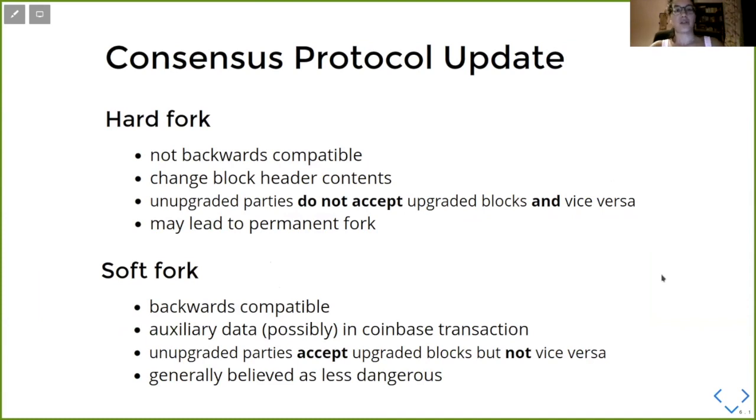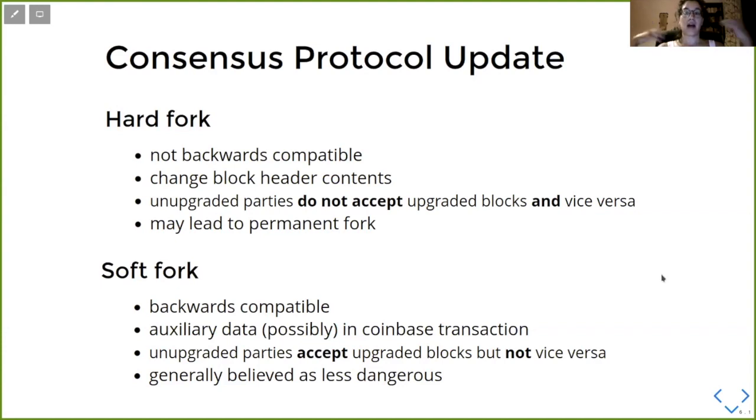So I guess we've heard about hard forks and soft forks, and so I'll be really fast at this. A hard fork is not backwards compatible, and it comes with the fact that on the one hand, unupgraded parties would not accept upgraded blocks because they stand for different protocol rules.